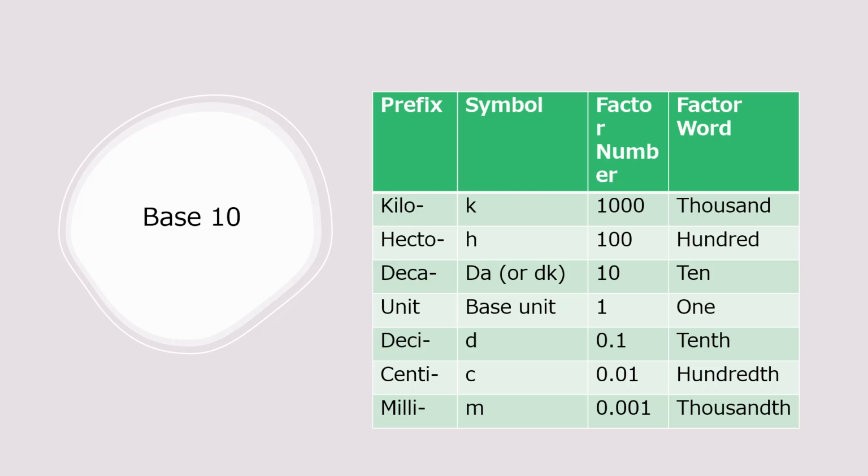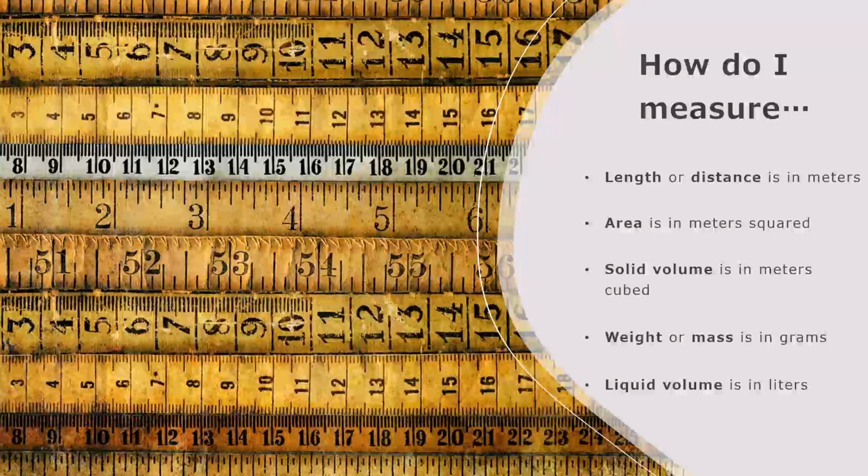If you have your base unit and you multiply it by 10, then you say it is a deca unit. Or if you multiply it by 1,000, it's a kilo unit. Does that make sense?